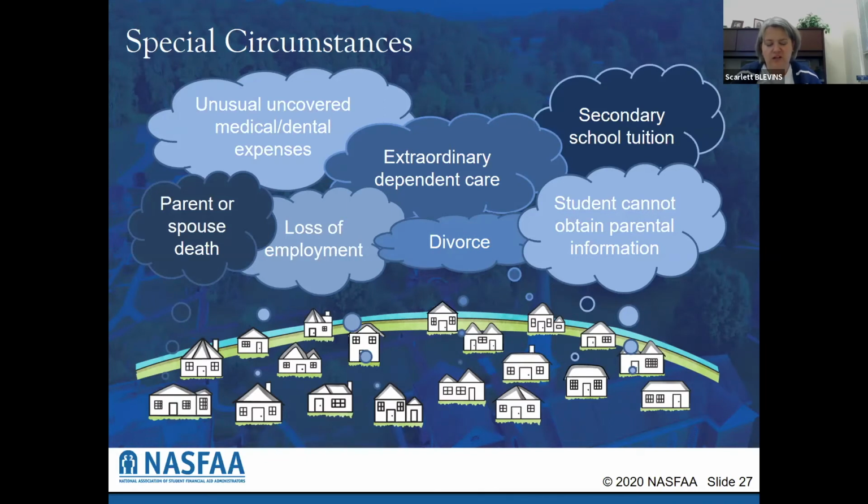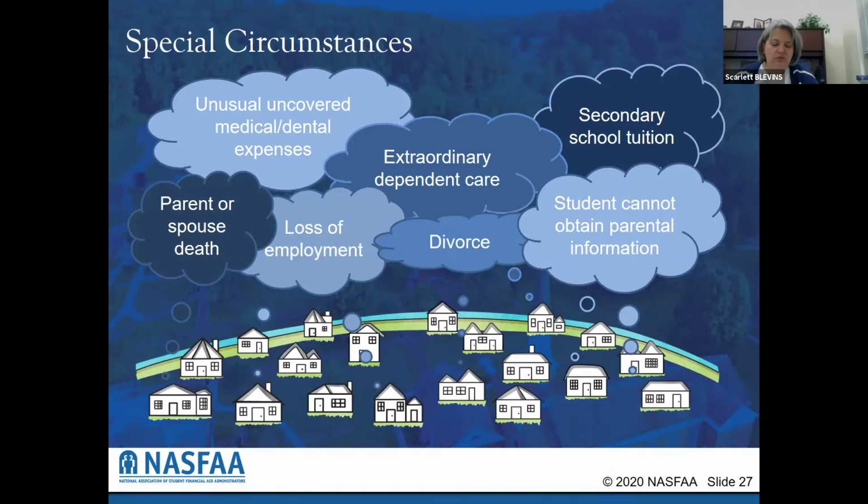You file the FAFSA as of the day that you file, but there could be instances where parents separate, and we can take that into account. Unusual dependent care expenses. And if the student is unable to provide parental information due to a parent being incarcerated, an abusive situation, or no relationship with parents, that's one too.